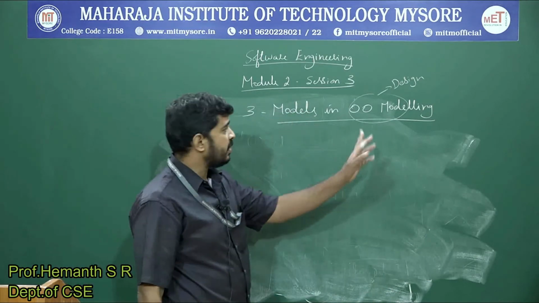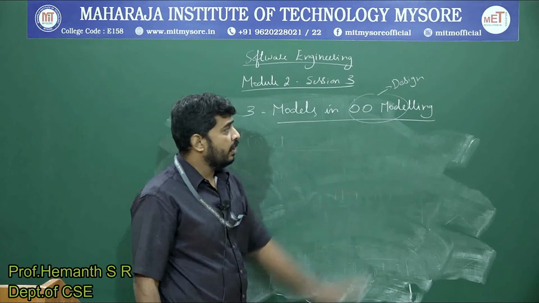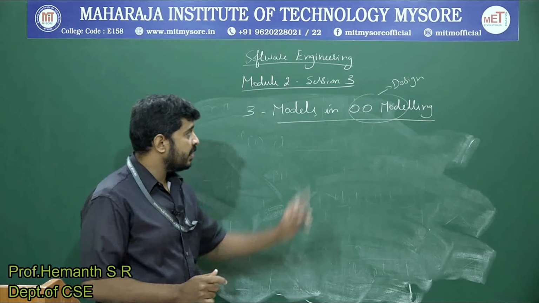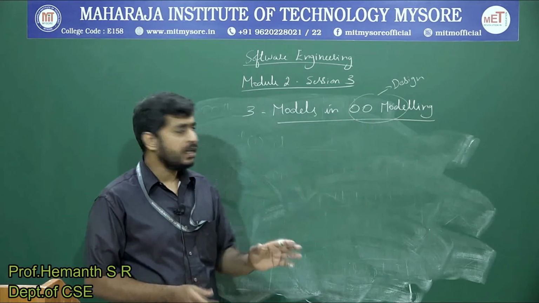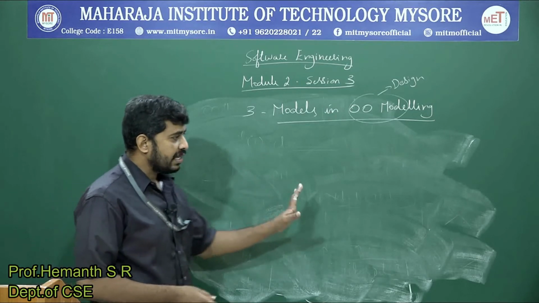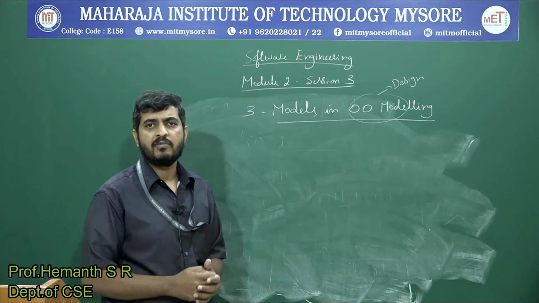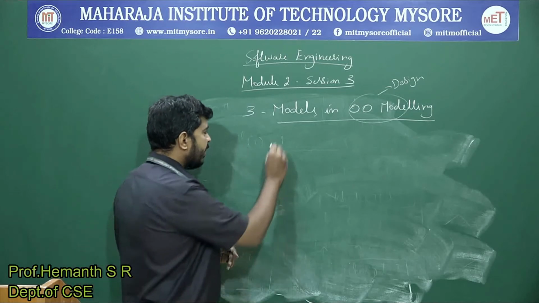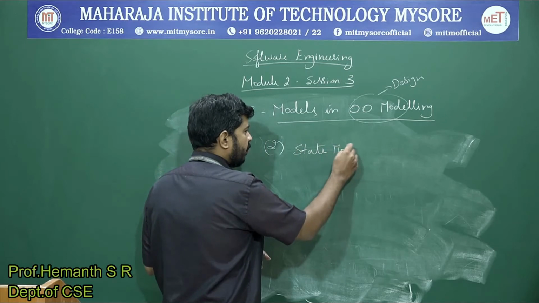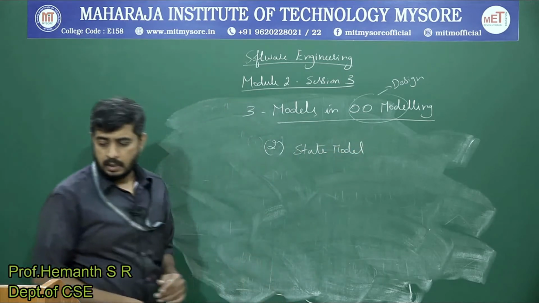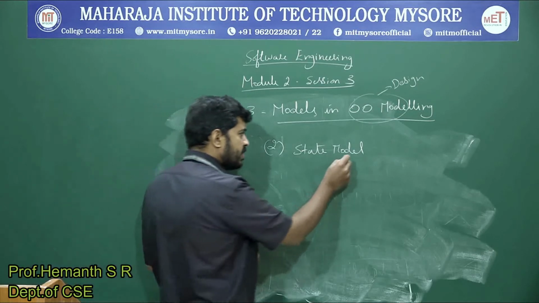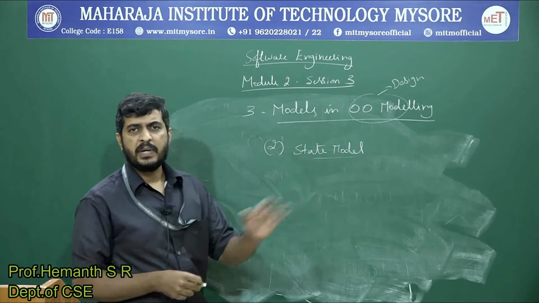The second way of representing O modeling. Okay. Just now we saw the first way, the most popular way of representing object oriented design or modeling, that was using the class model, where the emphasis was on classes, subclasses, and how they are related with one another. The second way of doing it is the state model. What is a state model? Basically this model depicts how objects change over a period of time.